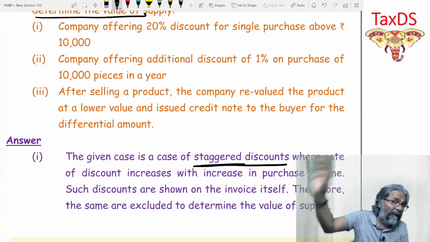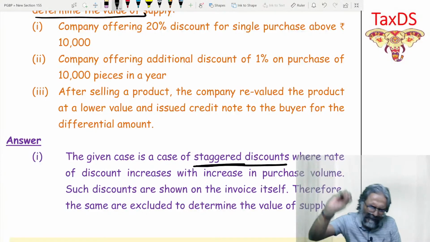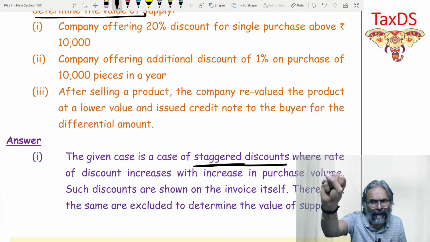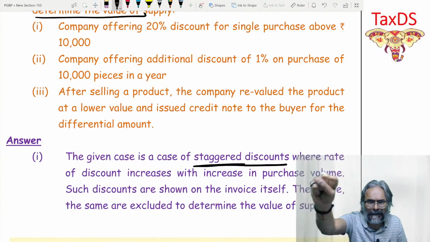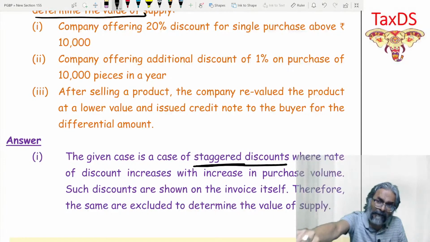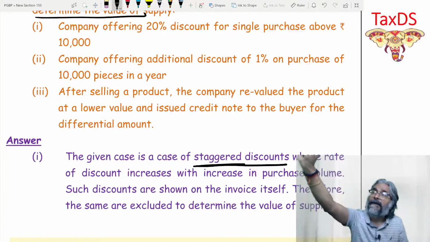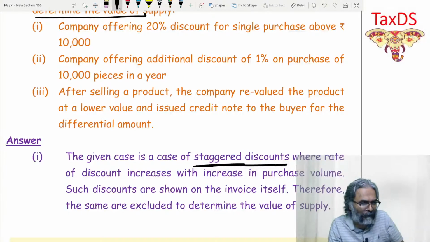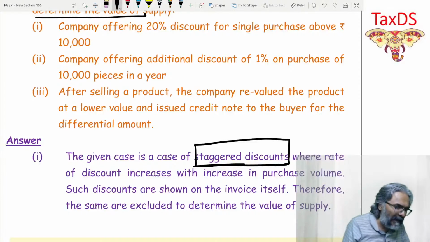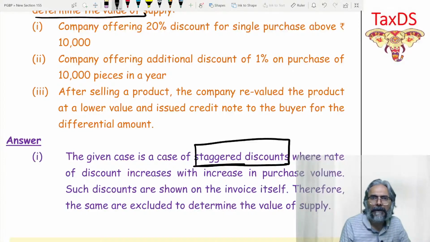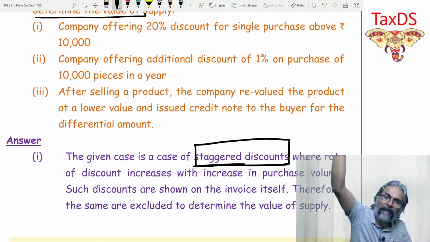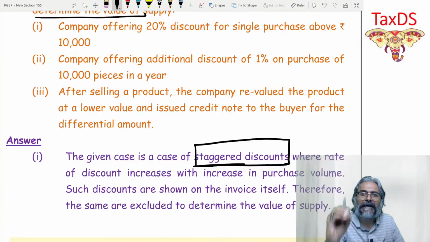Be that as it may, the question is not specific, but when you do a single purchase, and in the single purchase with a higher quantity they give you a discount, you can safely assume it is a staggered discount. Use this word, students. At a particular level of quantity, if there is a discount that has been given, you can safely assume.